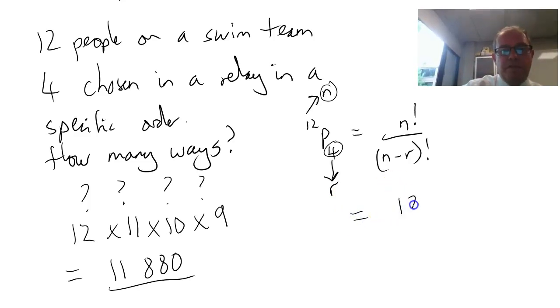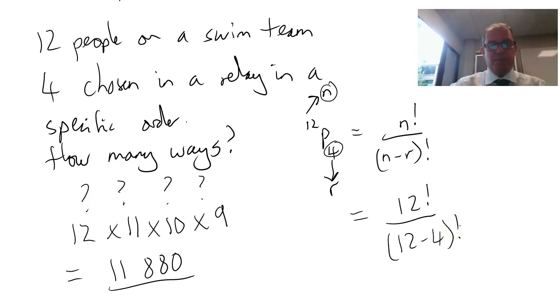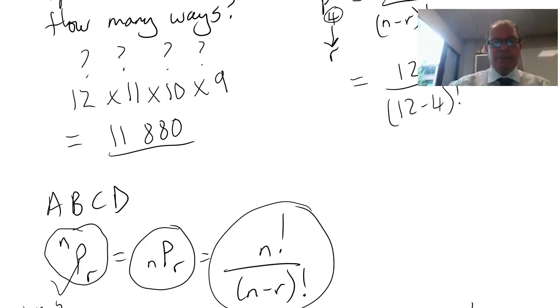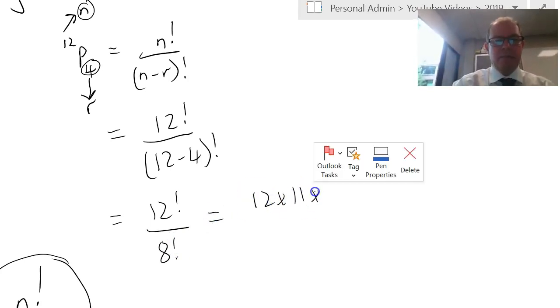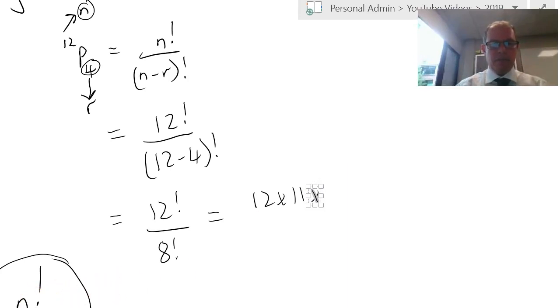So we've got 12 factorial on top over 12 minus 4 all factorial on the bottom. So let's just move that over here for a second and we can work it out. So I'm quickly going to write down 12 factorial over 8 factorial, remembering that 12 factorial is 12 times 11 times... magic.